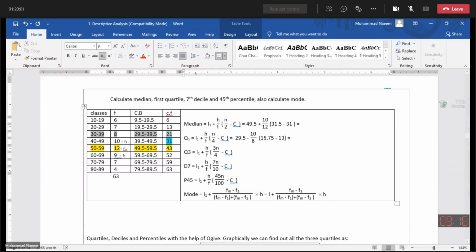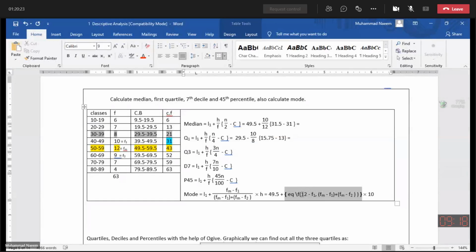Value of L1 is, in this case, 49.5. What is the value of H? 10. Fm is 12.